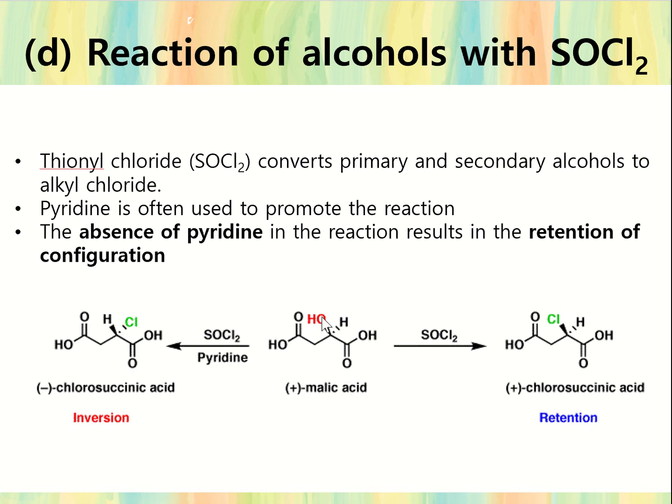So here we have an alcohol and thionyl chloride, with pyridine and without pyridine. In the absence of pyridine, we have retention of configuration, while in the presence of pyridine, you have inversion of configuration, as we see here.